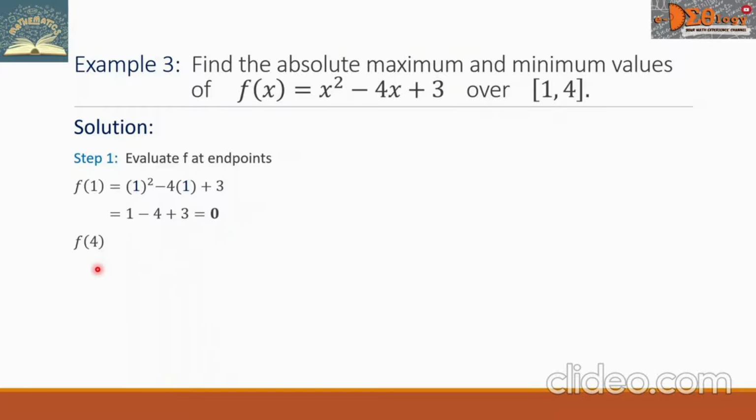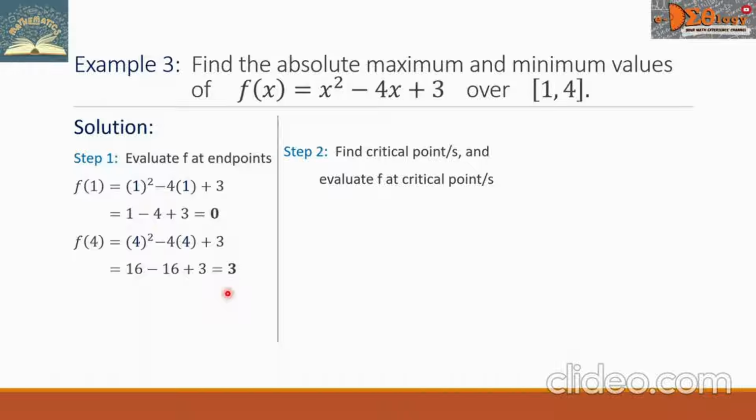Then f of 4. We evaluate this function with 4. So we have 4 squared minus 4 times 4 plus 3. 4 squared is 16 minus 4 times 4, that is 16 also. Then plus 3. 16 minus 16 is 0 and plus 3 equals 3.